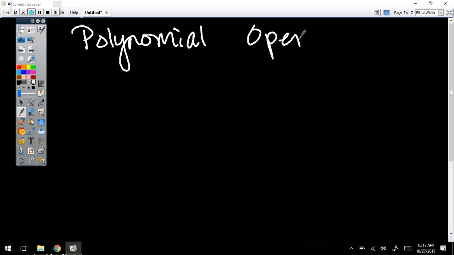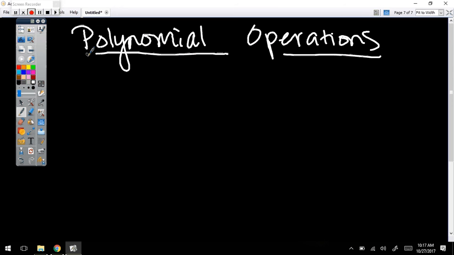Polynomial operations. Before we do some operations with polynomials, tell me this: what is a polynomial? Poly means multiple. It's got multiple terms. So I'm going to say nomial means number, one or more terms.